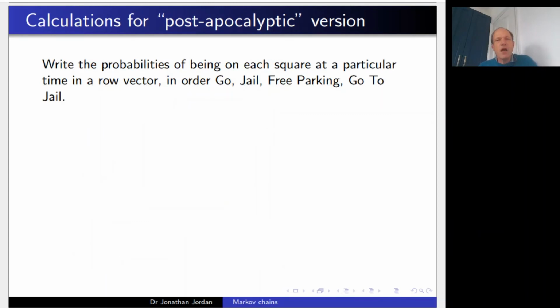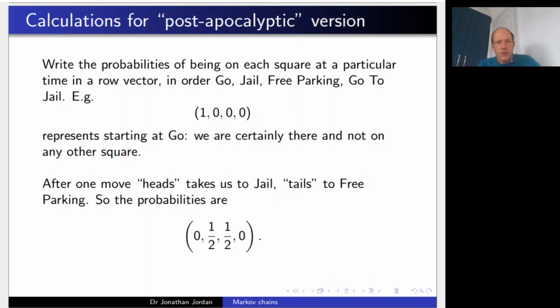Okay. So let's actually do some calculations to introduce you to the idea of how we might do some calculations here. So we have 4 squares: Go, jail, free parking, and Go to jail. And we can think about the probability that we're on a particular square. And so we have 4 of these probabilities, and we can write them like this.